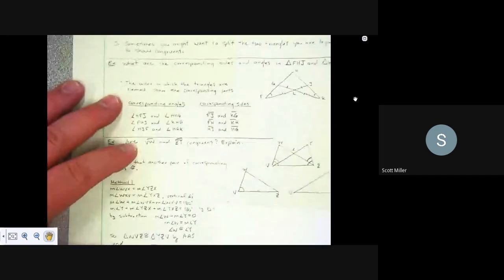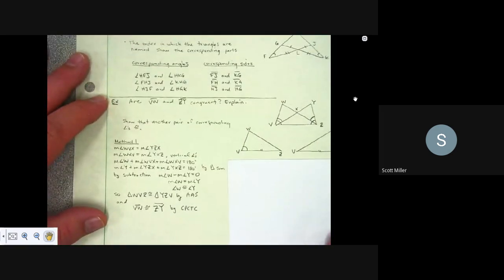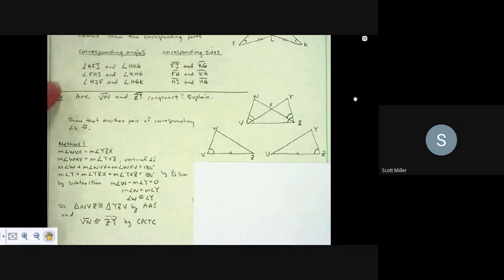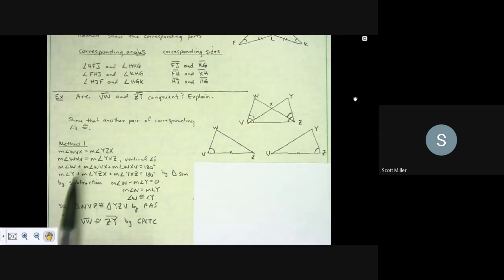Okay, so the first method that I had was right here. I can zoom in just a bit. So I started off with this one. I used the three-letter naming when I wrote this out the first time.